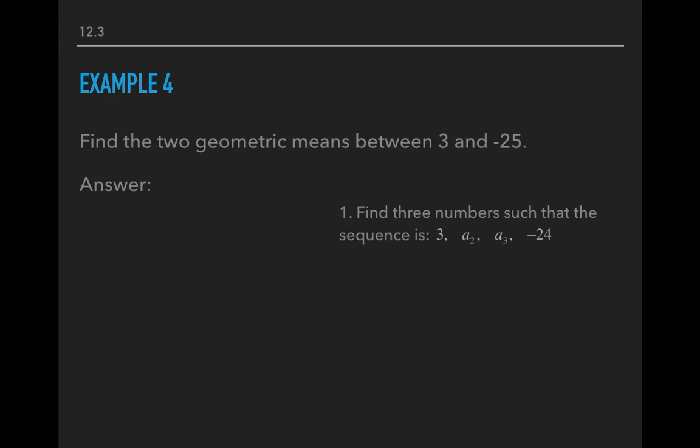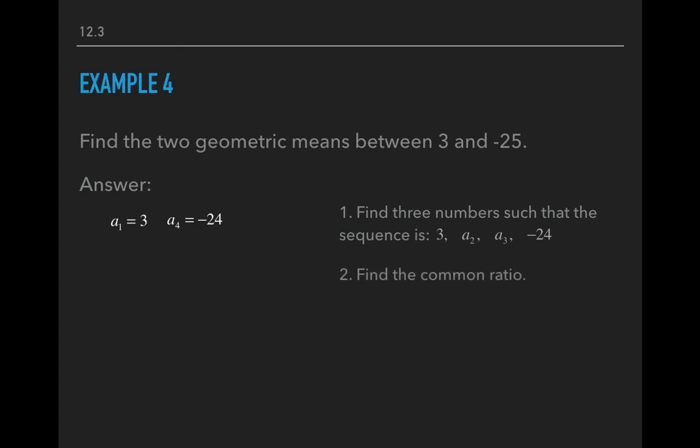So we'll let 3 be our first position, and then the two means, which will be term 2 and term 3, and our fourth term is negative 24. Sorry about that. So a sub 1 is 3, and a sub 4 is negative 24.